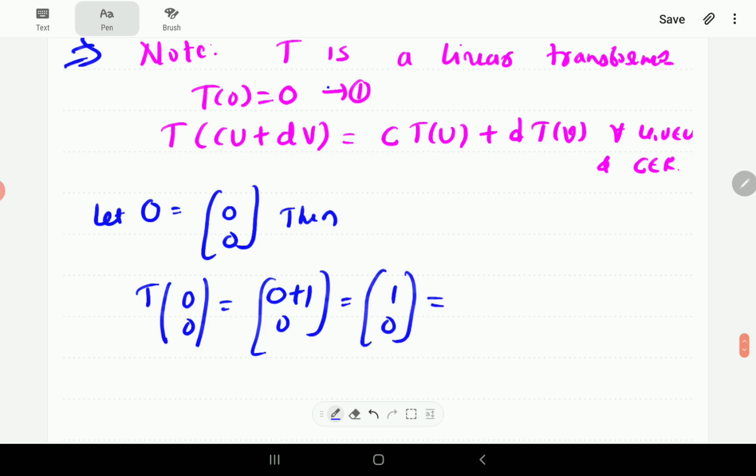But if I take the image of zero, it should be 0, right? So therefore this is not equal to (0, 0).